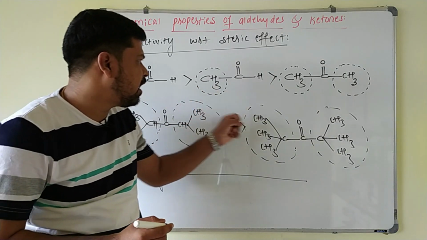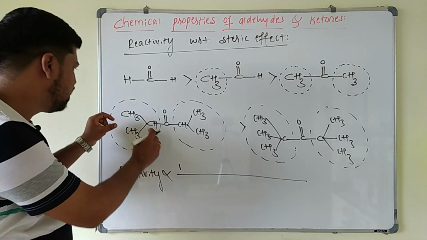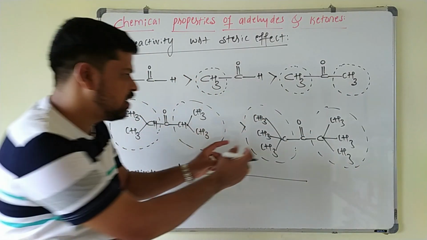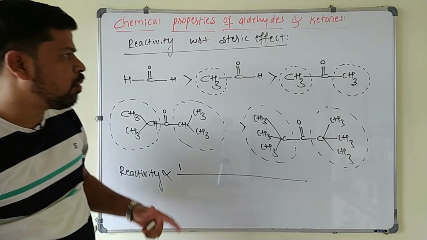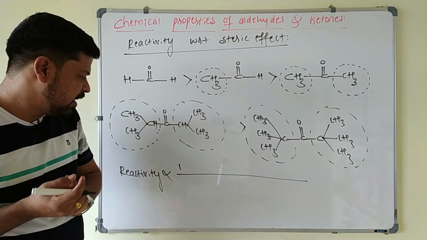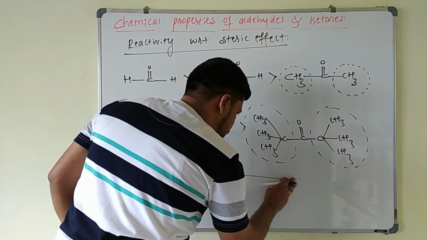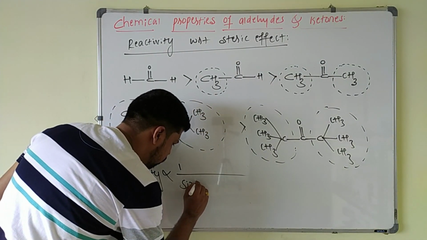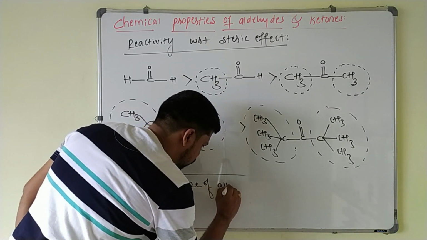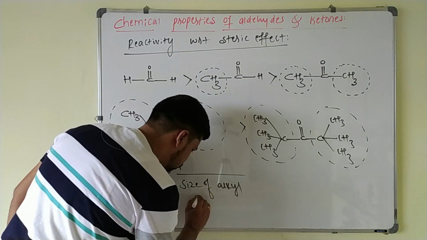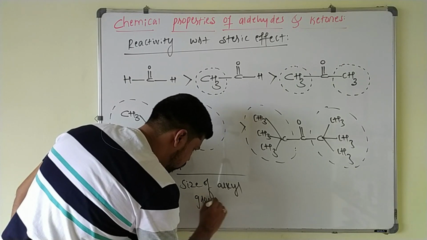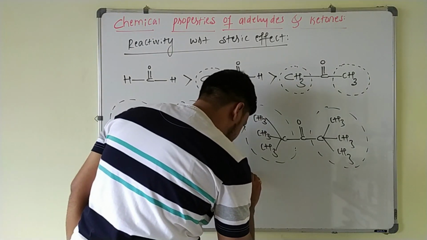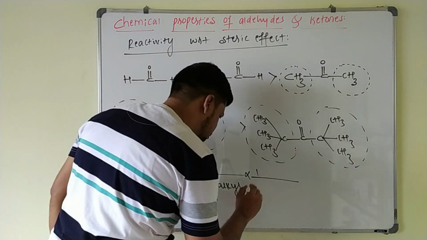See here, one alkyl group, two alkyl groups, again here four alkyl groups are attached, here six alkyl groups are attached. Like this, as the number of alkyl groups increases, again reactivity decreases. So it is inversely proportional to size of alkyl group and number of alkyl groups.